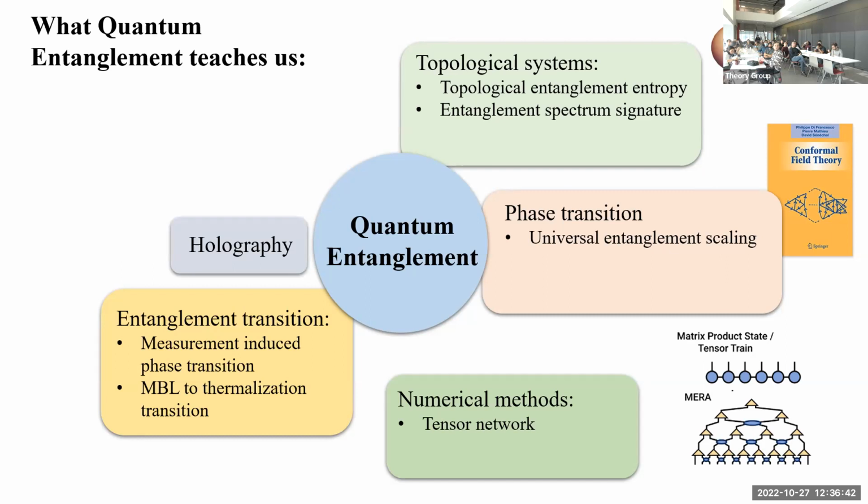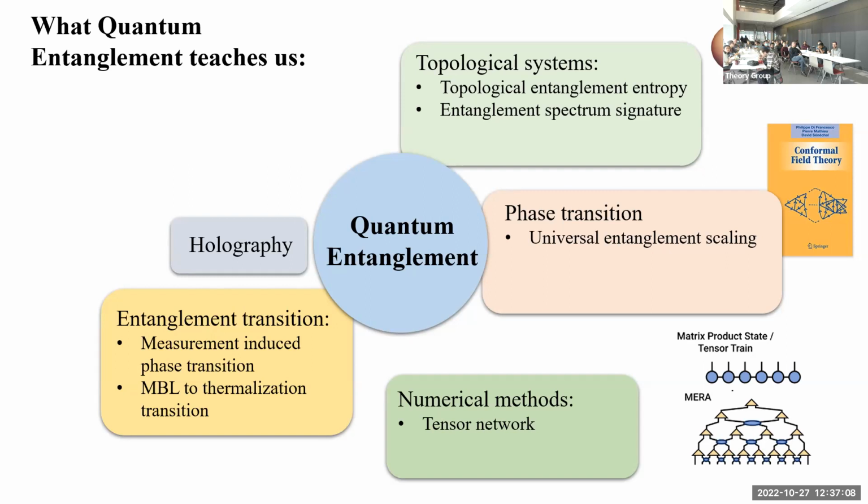Okay, up to this point we are basically only talking about so-called bipartite entanglement. That means we have a total system and we break it into two parts, and then compute the von Neumann entropy related to one piece.